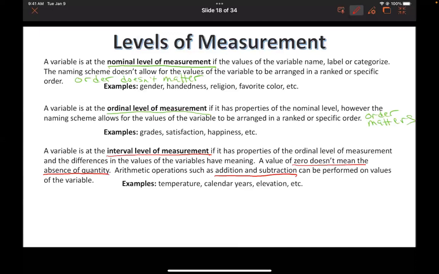It just means that we go to BC before that. Elevation, a 0 elevation does not mean that we don't go anywhere. We can go down more. There's no absence of value. 0 elevation is just sea level. So it kind of makes sense. And then looking at the addition and subtraction, I would not say it's twice as hot today as it was yesterday.